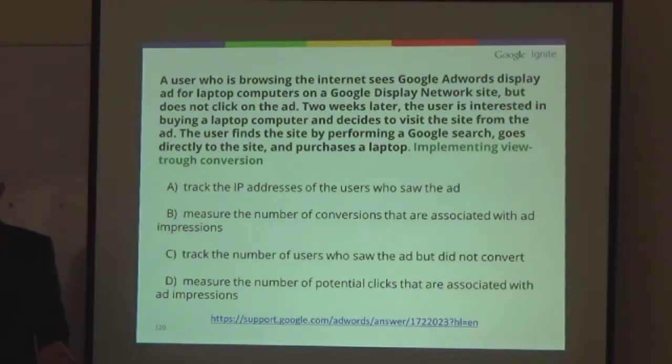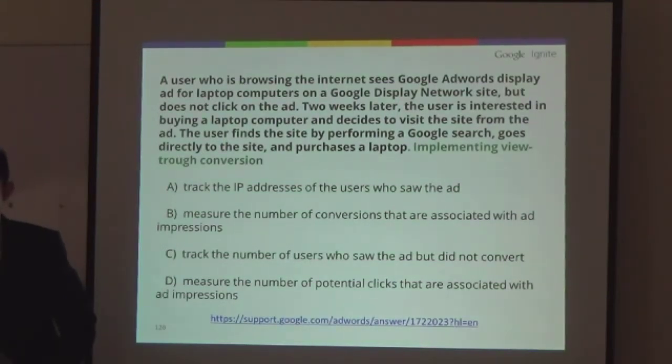Two weeks later, the user is interested in buying a laptop computer and decides to visit the site from the ad, meaning he recalls the brand that he has seen over the display ads. He remembered that the brand is quite prominent, so he decided to perform a Google search and goes directly to the site, and purchases the laptop.